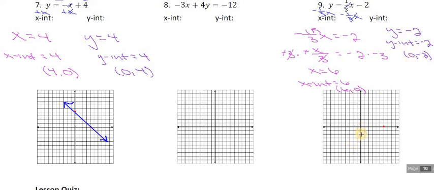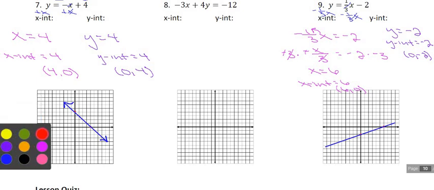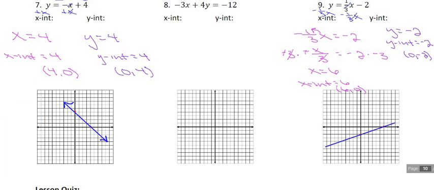Go down 2 on the y. And now we get our straight edge, your ruler. And draw your line through your 2 points and put arrows on the end to indicate that it does continue on forever.